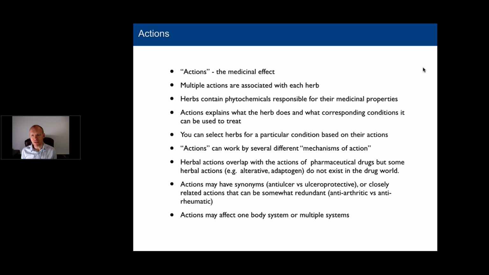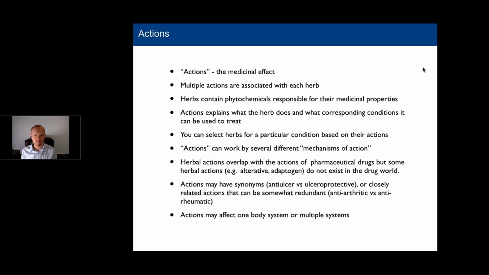Now, one of the things that you can use these actions for is if you have a particular condition, let's say arthritis, then you might want to choose a number of medicinal actions that would treat this. So it could be, for example, an analgesic, anti-inflammatory, anti-rheumatic. And if you could select the actions in your mind, you could use the required actions as a way to deduce what sort of herb you want to use.